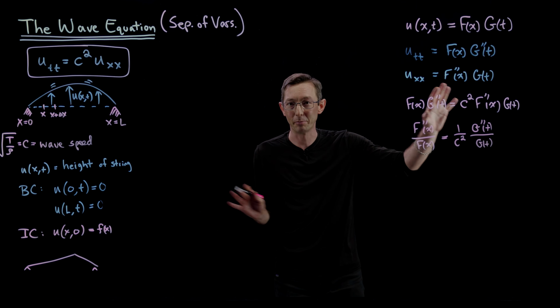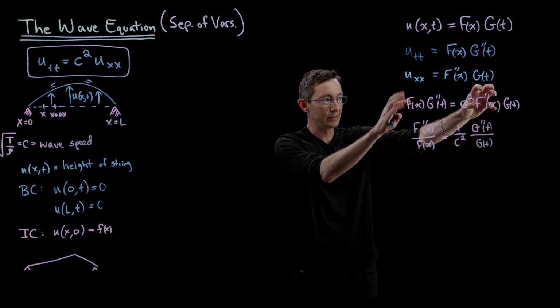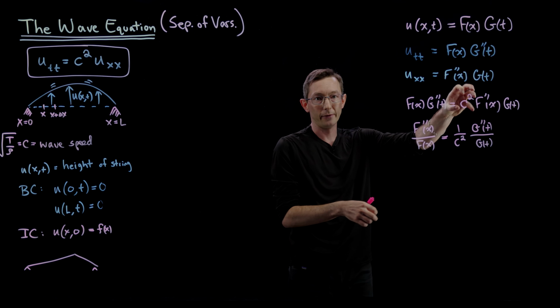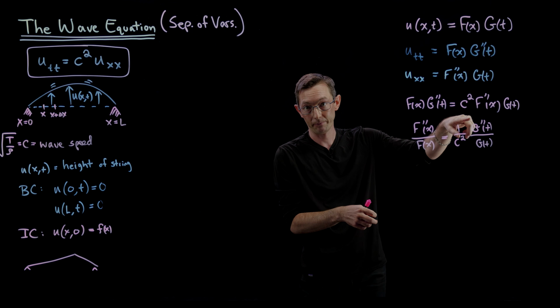You can pause the video, slow it down, whatever, but all I've done is divide both sides by f, by g double prime, and by c squared, so that the c squared is now with my functions of time.